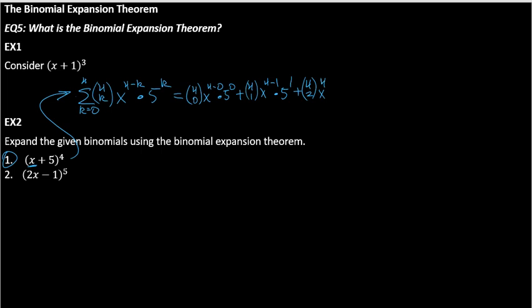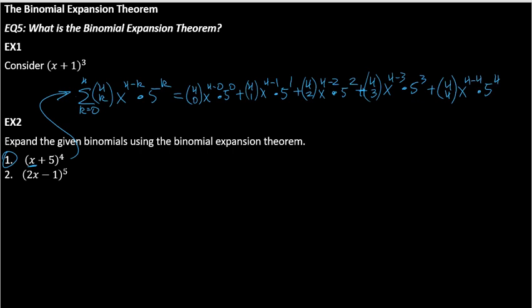Times x to the 4 minus 2 times 5 to the second, plus 4 choose 3. Give myself some room. 4 choose 3, x to the 4 minus 3 times 5 to the third. And our last term, 4 choose 4 times x to the 4 minus 4 times 5 to the fourth.